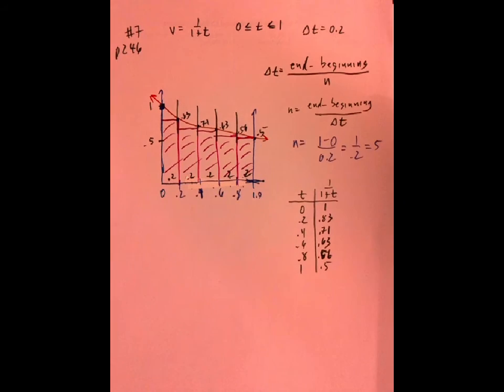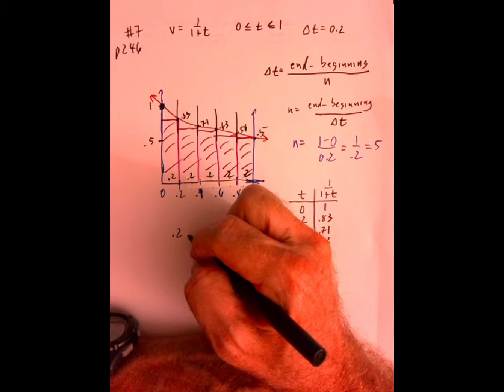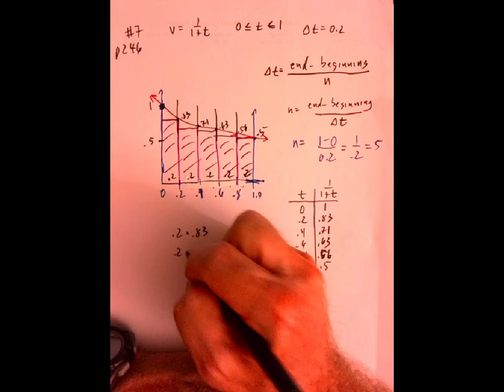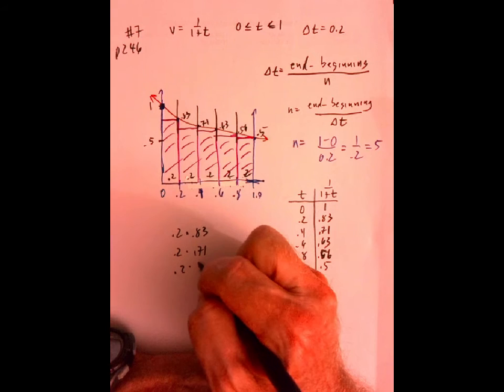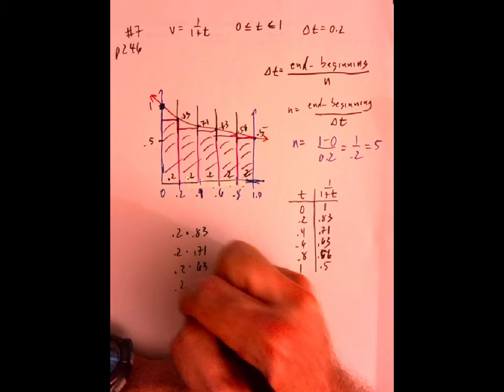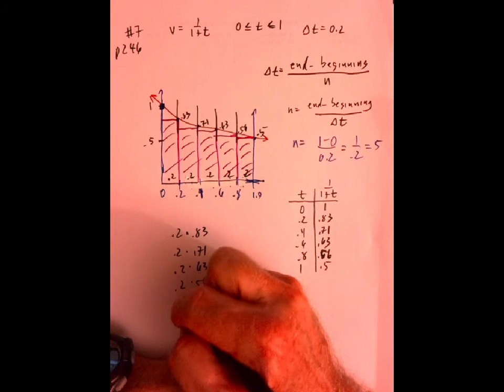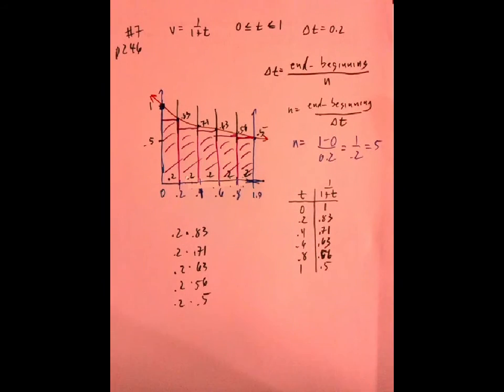Okay, so the area of this is going to be 0.2 times 0.83, then 0.2 times 0.71, then 0.2 times 0.63, then 0.2 times 0.56, and then 0.2 times 0.5. And then Mr. Calculator works that all out, right?